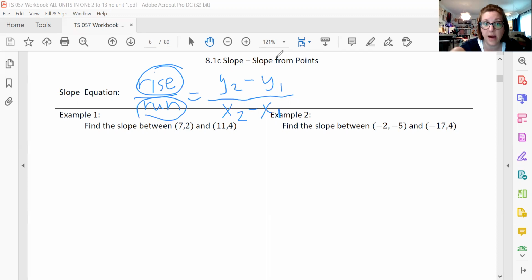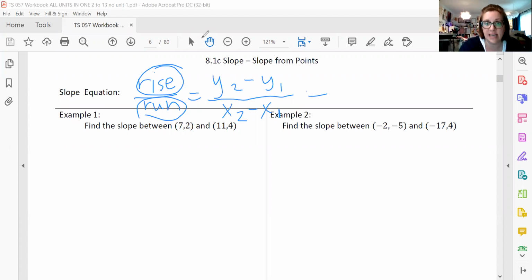So if you think about our X and Y axis, Y is going in the up or down direction. X means that we're going in the over direction. So hopefully it makes sense. This is where that fraction from rise over run comes from.